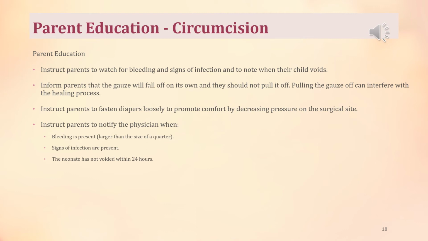If there's gauze placed on there, they should just leave it alone and it will fall off as that petroleum gauze dries up. We want to make sure that we are putting diapers on, but to make them loose. You don't want them to be too tight. And then they need to notify the physician if they have bleeding larger than a quarter, any signs of infection, or if baby has not voided within 24 hours.